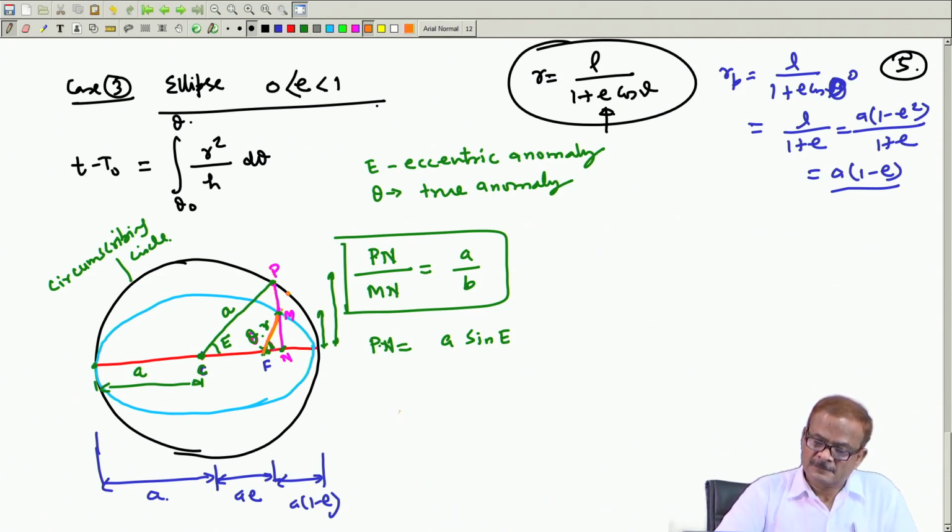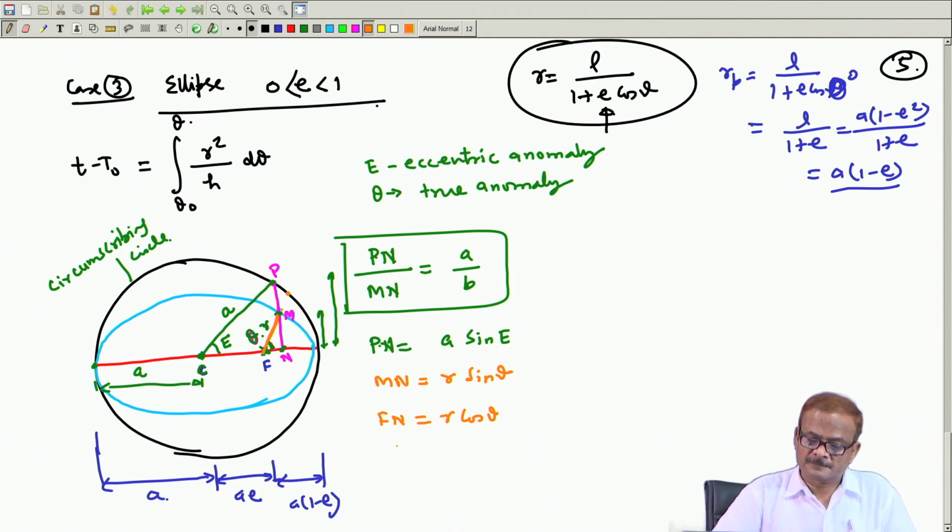So, Mn equals r sin theta. Similarly, Fn will be r cos theta.